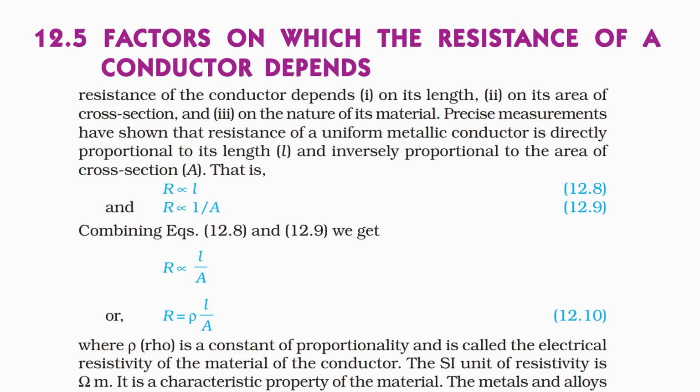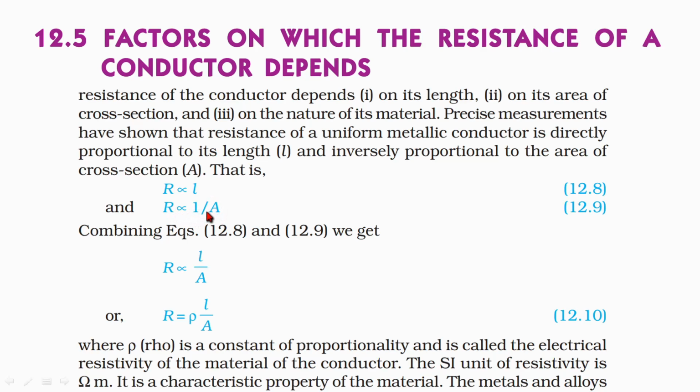Now in the previous activity, it is completely clear that the resistance of a conductor depends on its length. The lengthier the conductor, the more the resistance. It is inversely proportional to the cross section. That means the thicker the wire, the lesser the resistance.